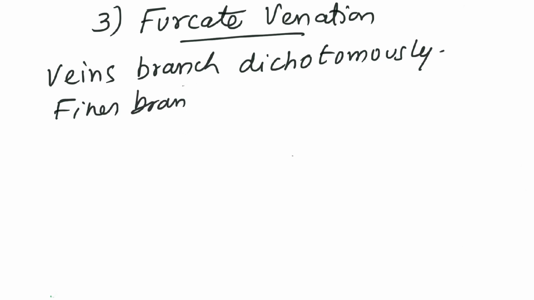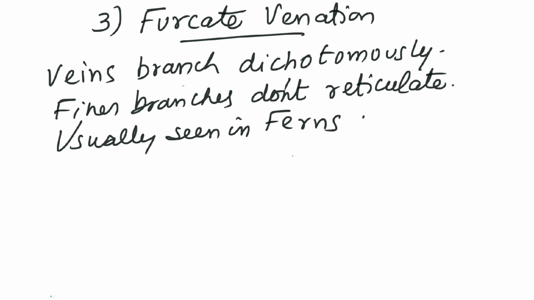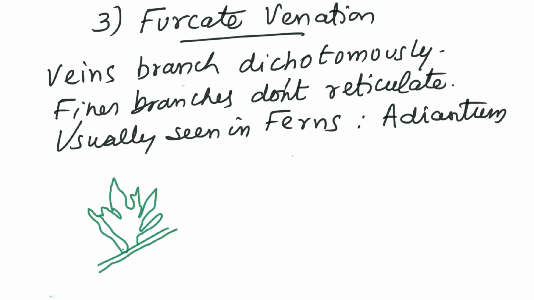Interestingly, in this example, the finer branches don't form a reticulum or network. That's a key point. And such venation, furcate venation, is usually seen among ferns, and a very good notable example is adiantum.